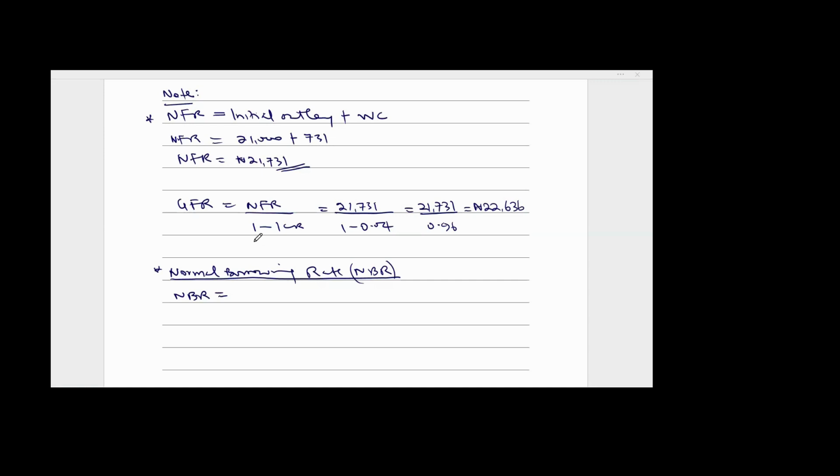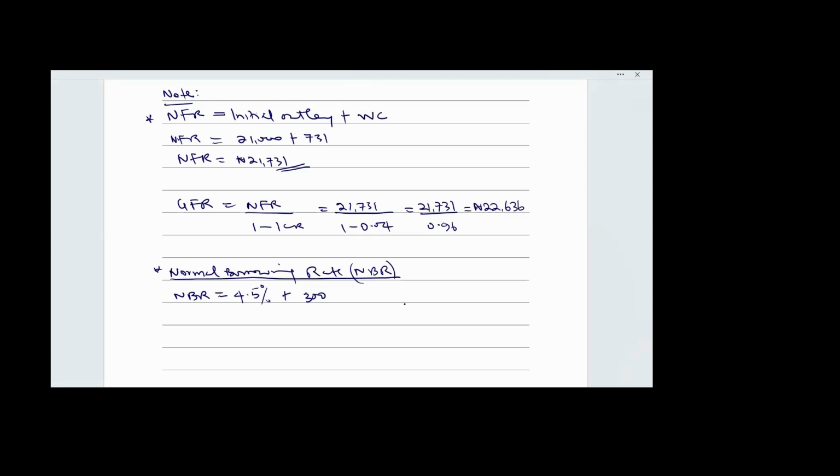You are told that AHEL can borrow at 300 basis points above the 5-year government debt yield rate. Government debt yield rate is the risk-free rate of return, and according to this question, the risk-free rate of return is 4.5%. Therefore, 4.5% plus 300 basis points.